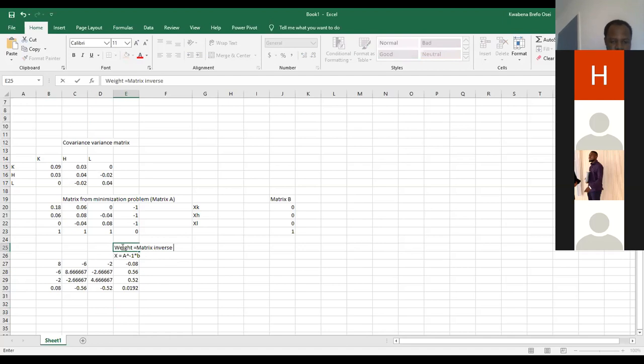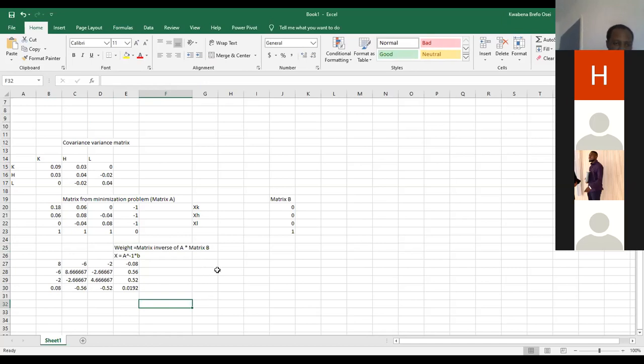If you get A raised to the power minus 1, you should know it's an inverse. Okay, so you want it this way, right? Okay, fine. I have to put the function in the Excel.